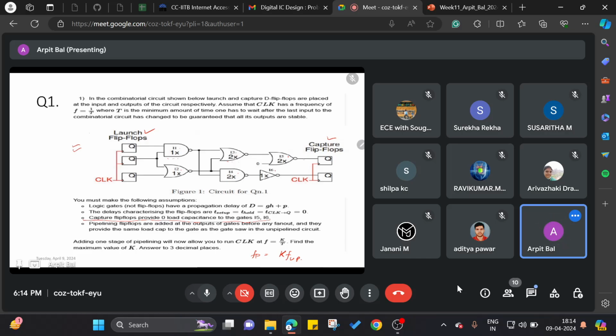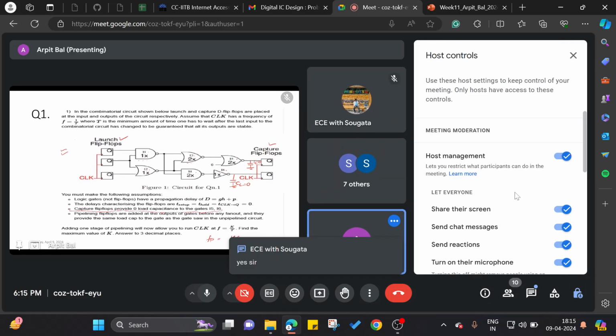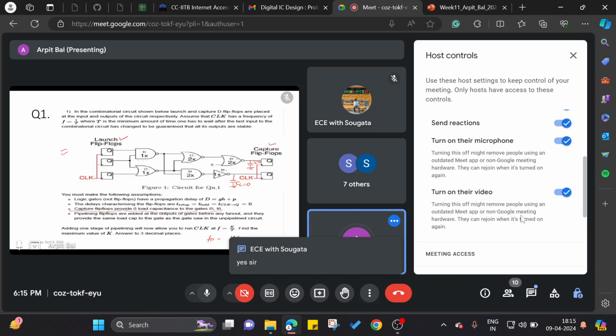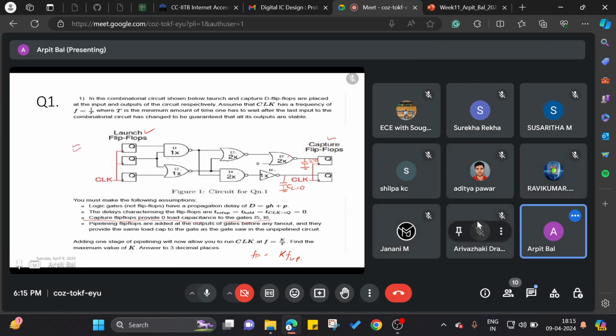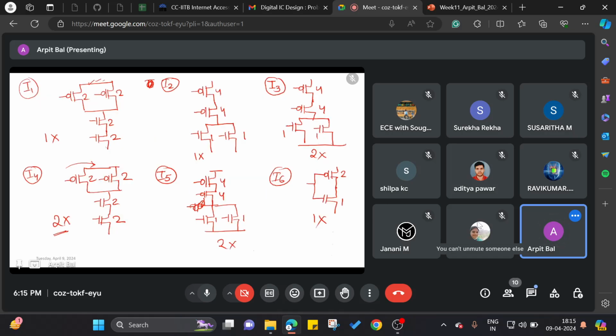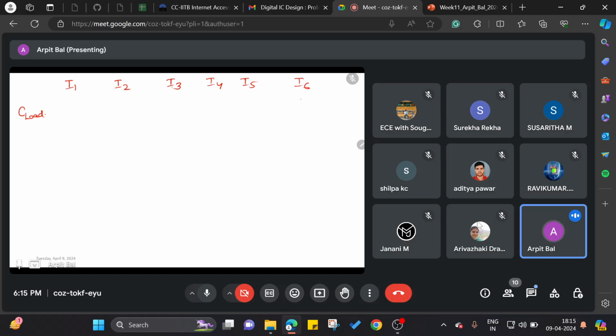So the load capacitance at the output of gates I5 and I6 is equal to 0. Is this part clear? So for I5 and I6, I can put 0, 0 here.